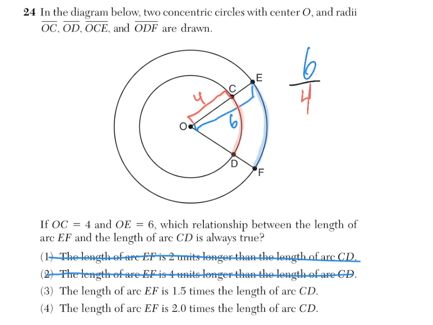We can figure out what the scale factor is by simplifying 6 over 4, and I know that simplifies to 3/2 or 1.5. So the scale factor from CD to EF is 1.5, meaning that the length of arc EF is 1.5 times the length of arc CD. The correct answer, ladies and gentlemen, is option 3.